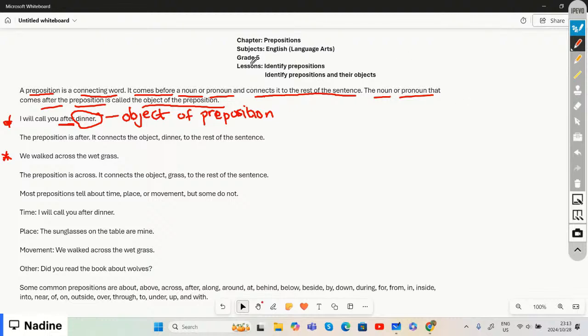If we identify them, we can say across is a preposition and grass is our object of preposition. And why do we say that grass is the object of preposition? Wet basically describes the grass.